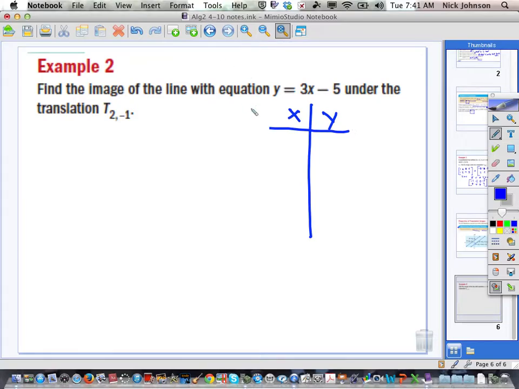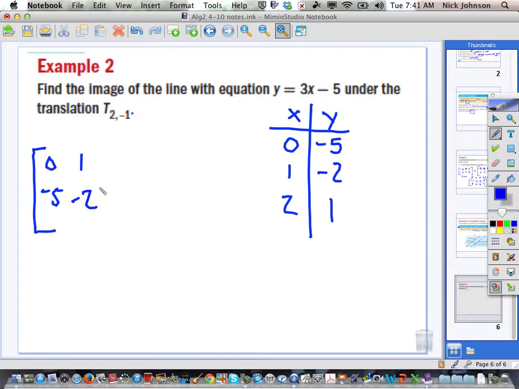If I put in 0, I get out a negative 5. If I put in 1, I get out a negative 2. If I put in 2, I get out 1. So now I have 3 points: 0, negative 5, 1, negative 2, and 2, 1.